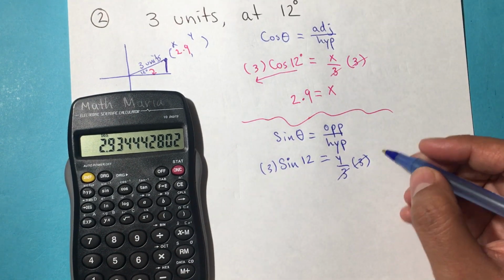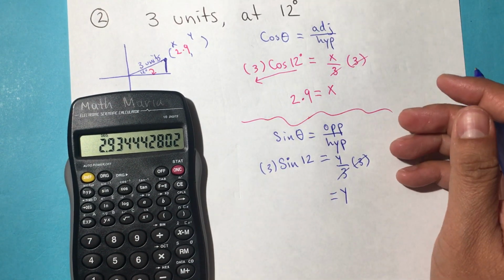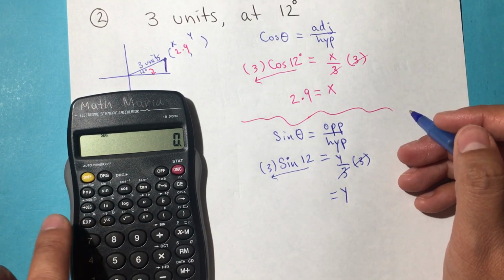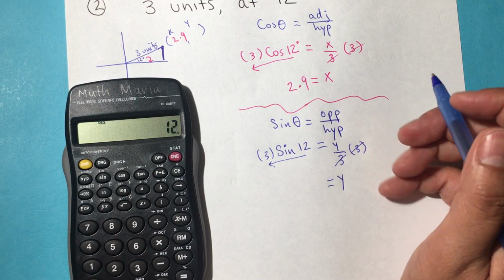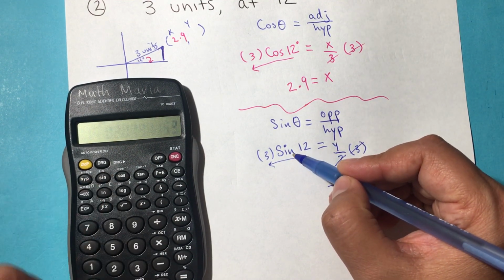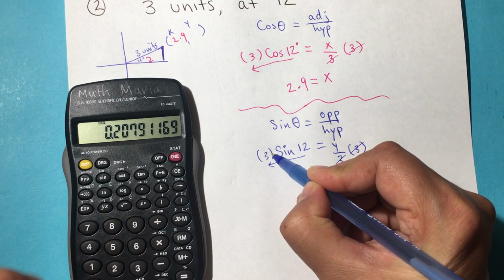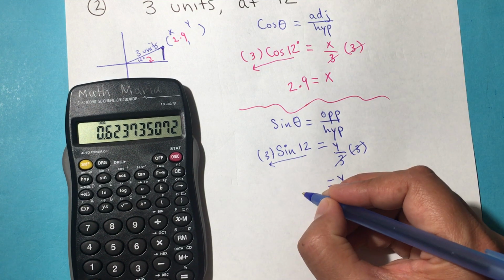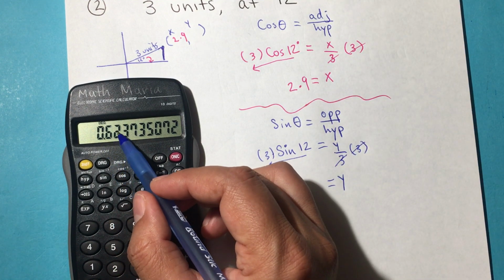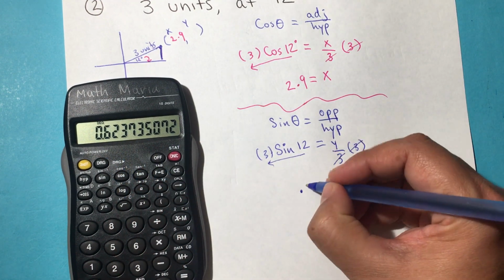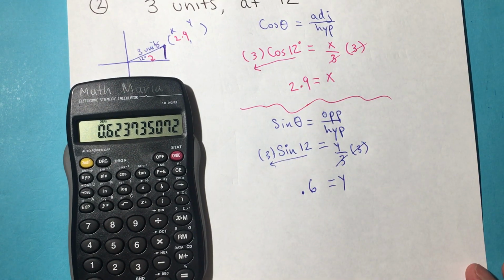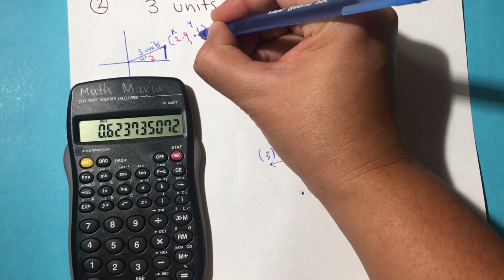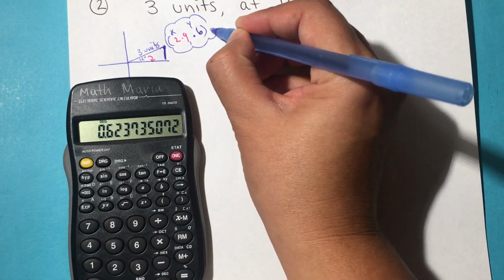This cancels, and y is equal to, again, in this calculator, we go backwards, which is 12 sine times 3 equal, and it's 0.6. The 2 doesn't give anything to the 6, so it's just 0.6. So that's the value of our y coordinate. Okay, 0.6. And so that's the coordinate that we're looking for.